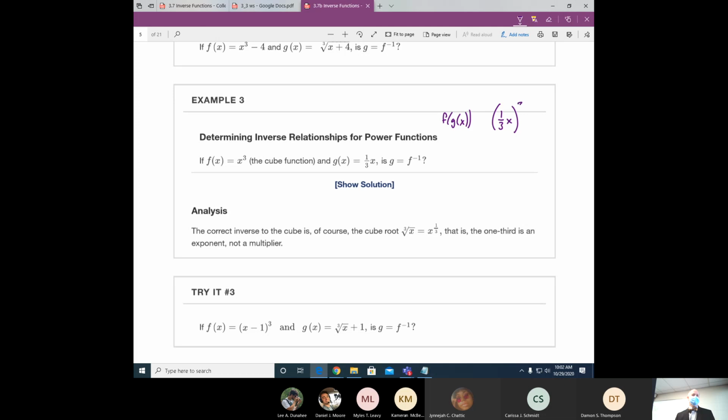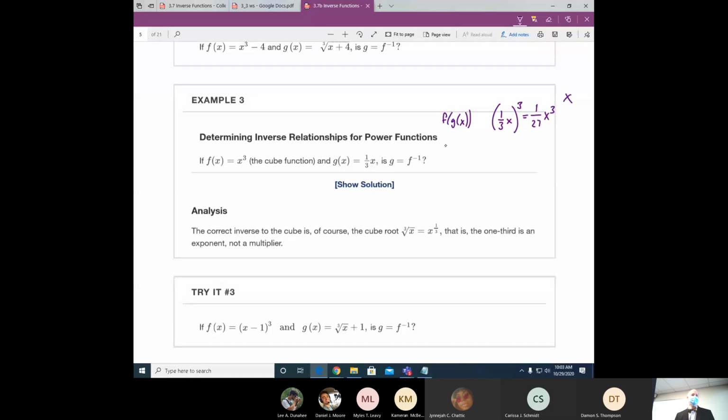Cube that, what do I get? Well, 1/3 cubed is 1/27, and x cubed is x cubed. So I get 1/27 x cubed. Definitely not x. So definitely not if I test it this way.